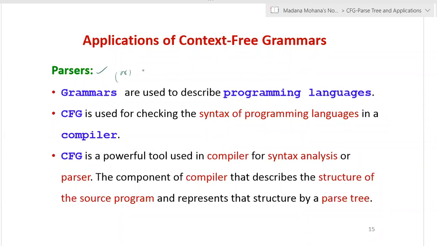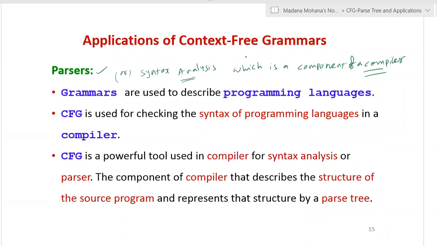The parser is also called syntax analysis, which is a component of a compiler. For finite automata and regular expressions, we discussed that they are used for compiler construction, that is the first phase, lexical analysis or scanner, whereas syntax analysis, also called the parser, is the second phase of a compiler.